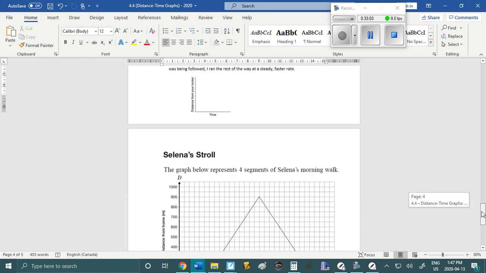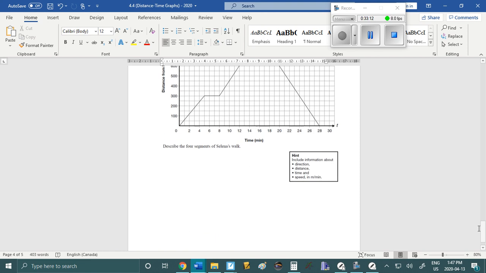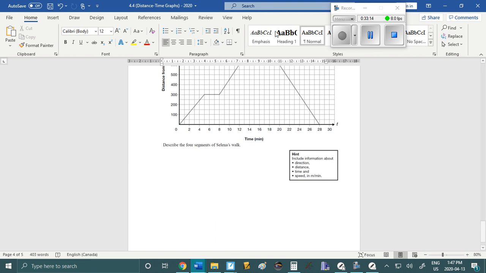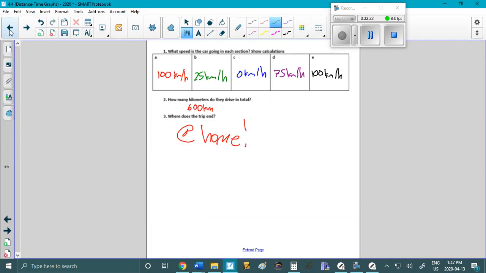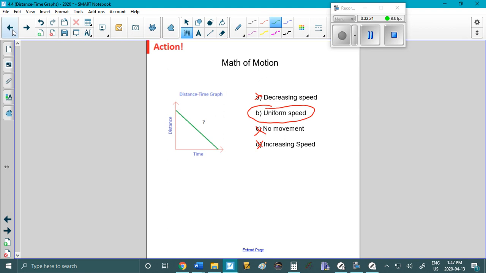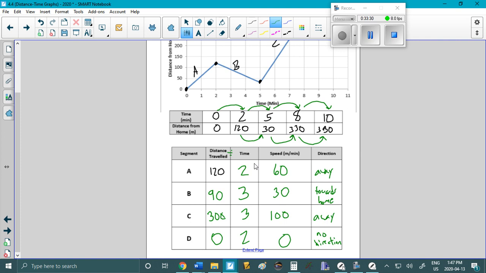And then finally, the graph below represents 4 segments of Selena's morning walk. So this is your last question, totally on your own. I want you to describe the 4 sections. And it says here, include information about direction, distance, time, and speed. So basically, whenever you see one of these questions, you can structure it like this, with this little table here.